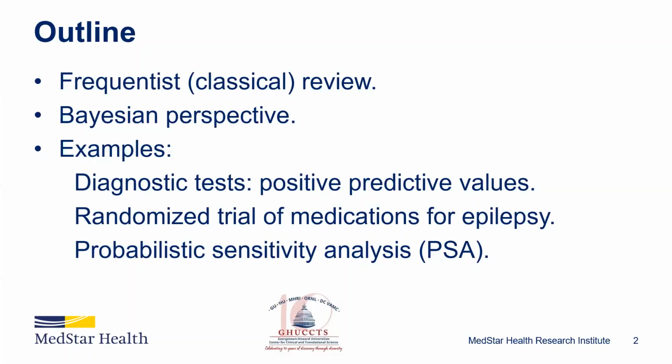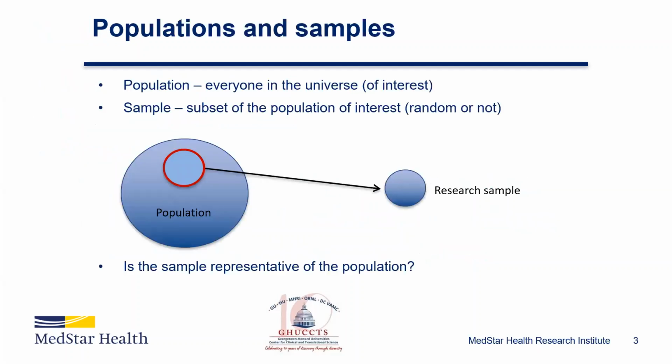And then the last one, more complicated one, is what's known as probabilistic sensitivity analysis, or sometimes called Bayesian sensitivity analysis.